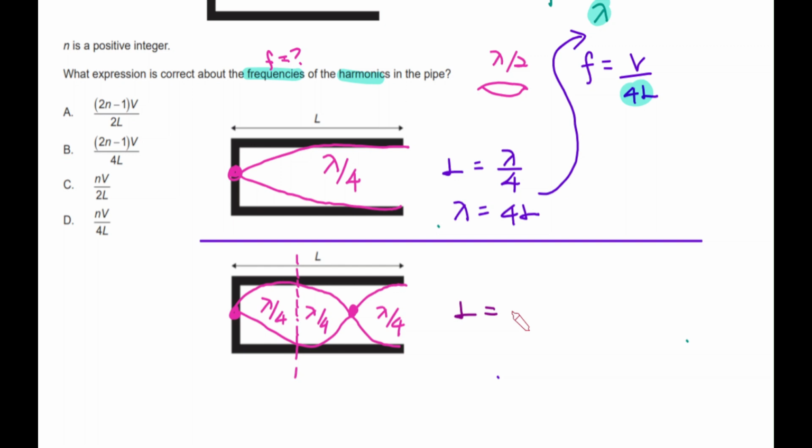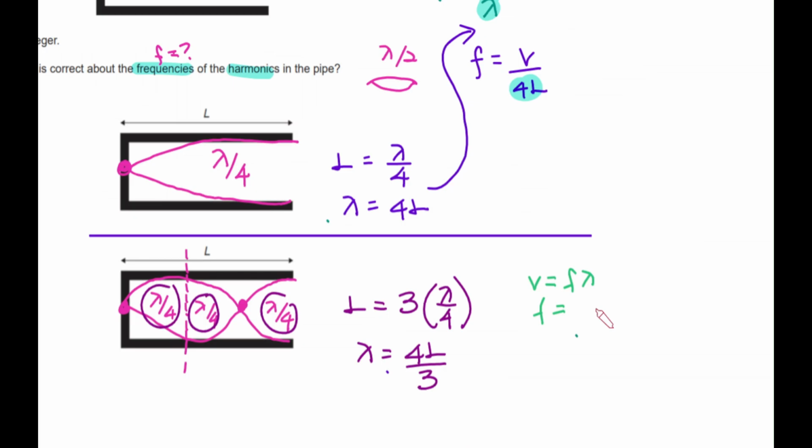Now back to the previous equation where we had v equal to f lambda, and f equal to v over lambda. If we substitute into this equation, we have frequency equal to v over 4L over 3. If we rearrange this equation, we get 3v over 4L. That's the frequency.